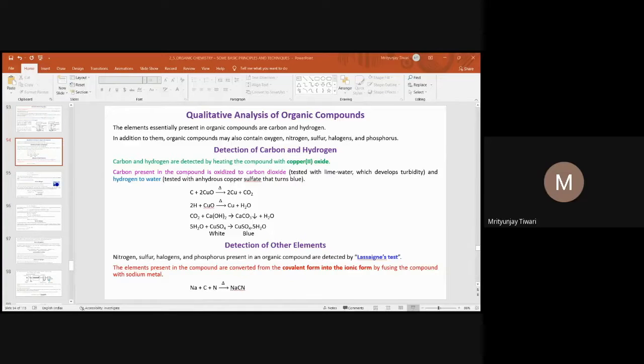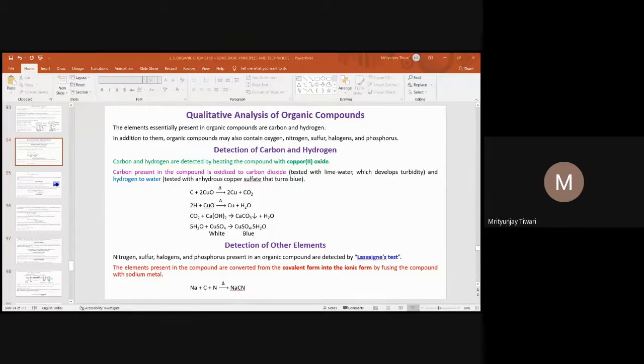Now we take this ammonium sulfate mixture and heat it in the presence of an excess of sodium hydroxide. Once you take this ammonium sulfate solution and heat it with the sodium hydroxide, NH3 gas will be produced.